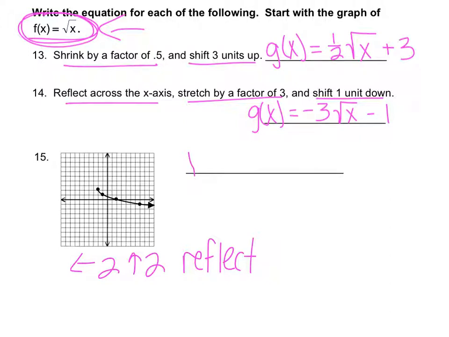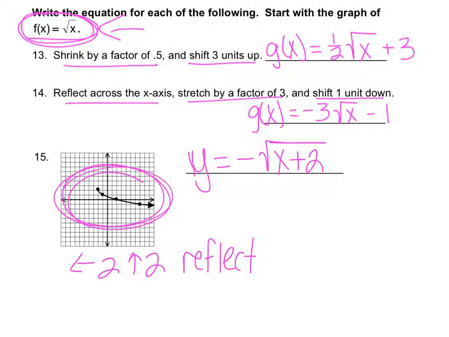So reflection is the negative. We have a square root, so you have to know from a graph that it is a square root function, so you have to know what square roots look like. Since we are going to the left under your radical, you need to have x plus 2, and then up 2 would be plus 2 on the outside of the square root.